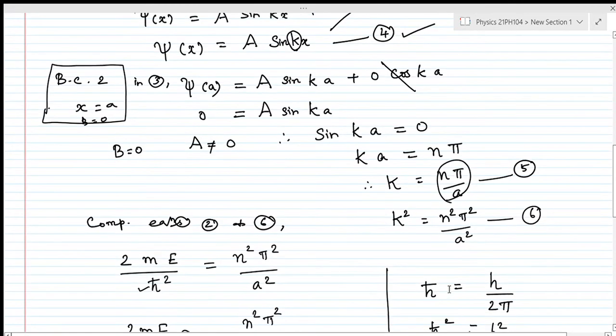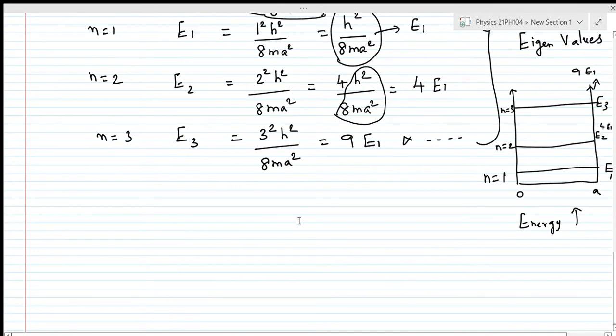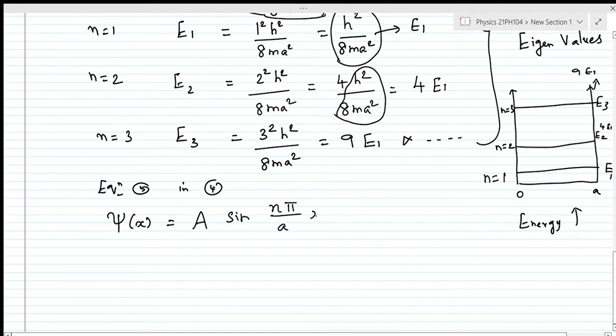Therefore, substituting equation 5 in equation 4, you get psi of x is equal to a sin kx, where kx is n pi by a into x. Now, still we need to solve for this arbitrary constant, because the arbitrary constant b is equal to 0 there.